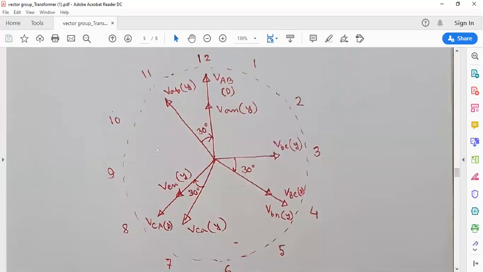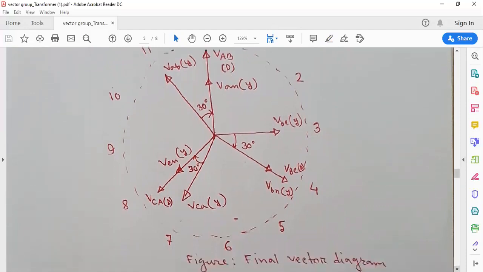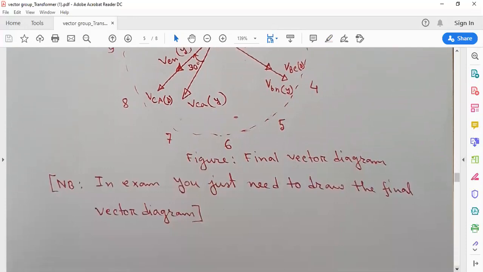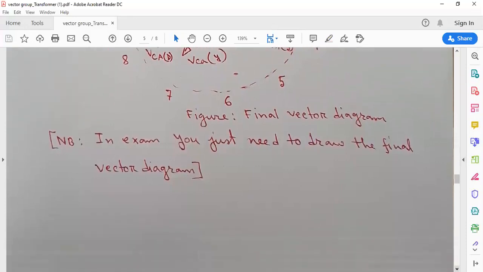You just need to draw this final diagram. You will get 50% marks if you draw this. The next 50% will be achieved by drawing the connection diagram.